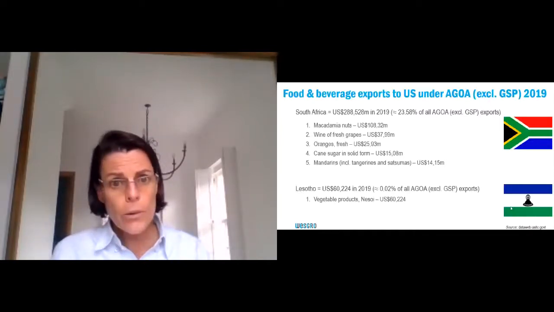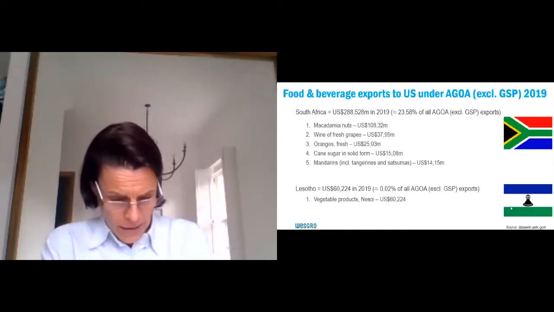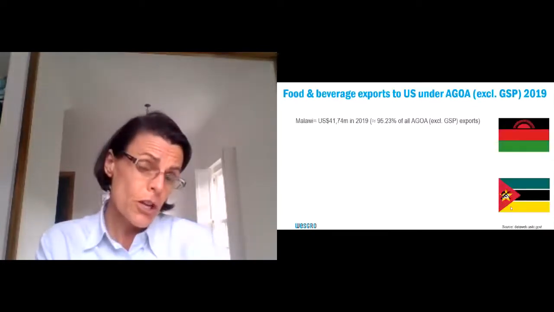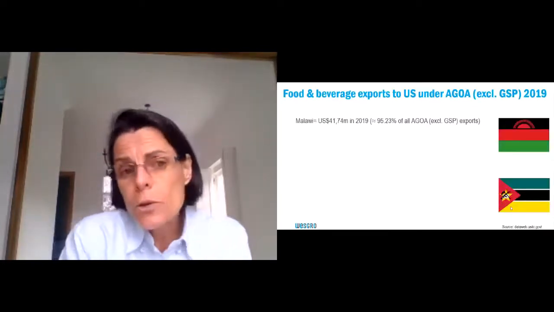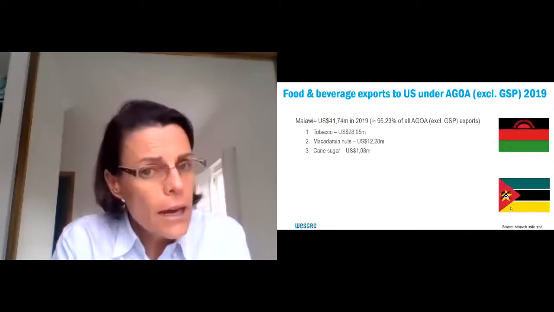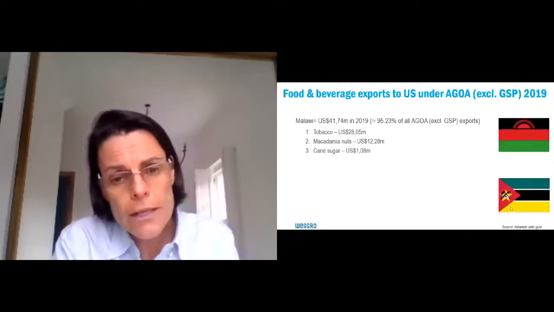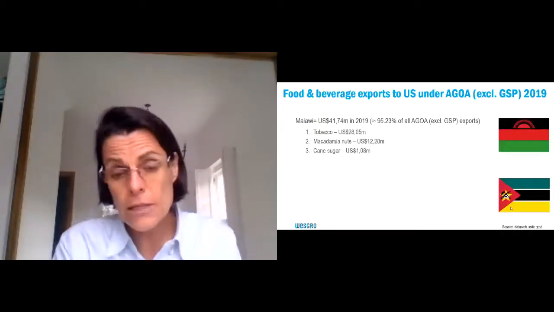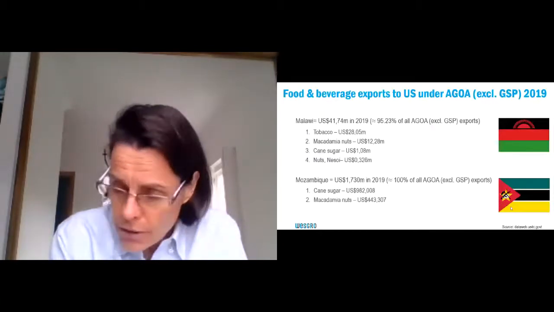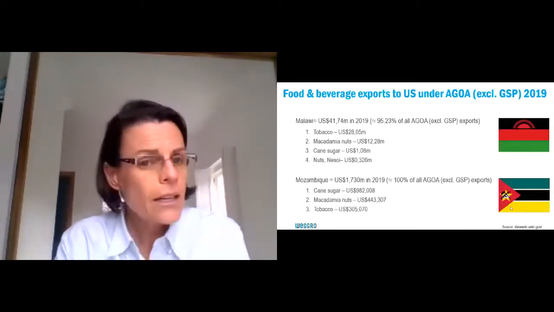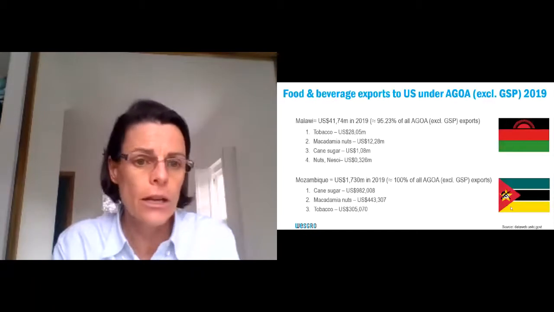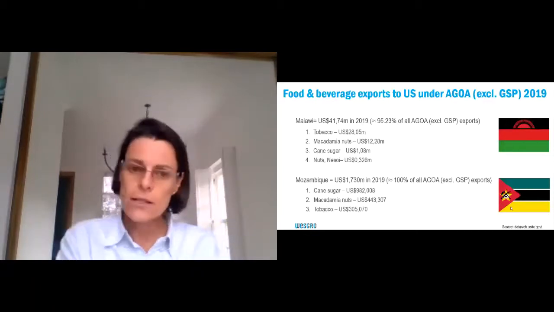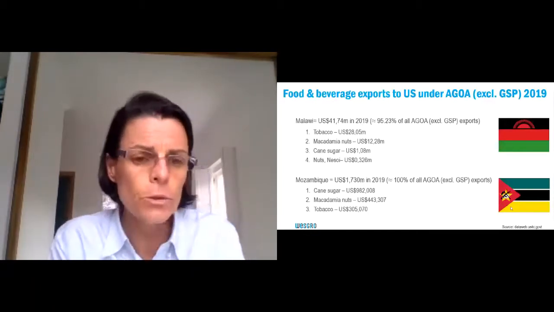Similarly, for Malawi, their total food and beverage and agricultural exports were $41.7 million, a very high percentage. It was almost all of their products under Agoa to the US in 2019. There again, a high utilization rate. Tobacco, macadamia nuts, cane sugar, nuts, not otherwise specified or indicated, that's what NES stands for.